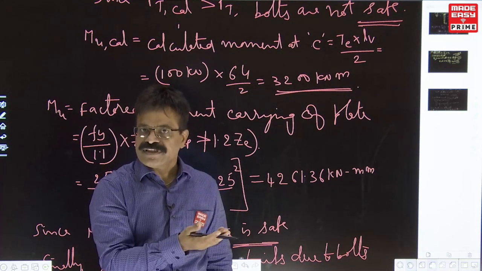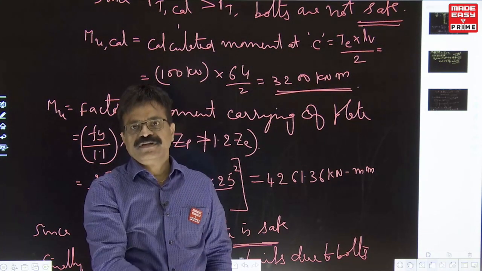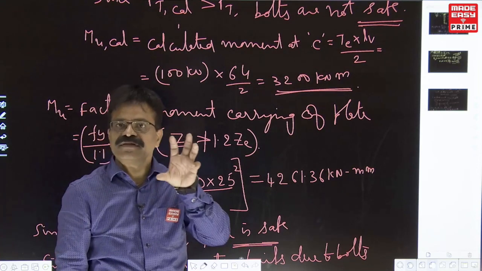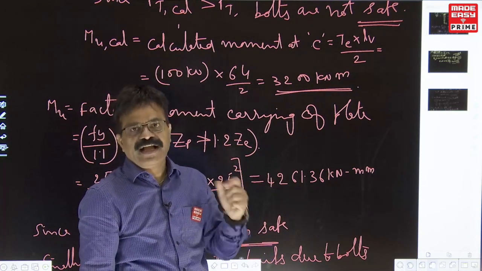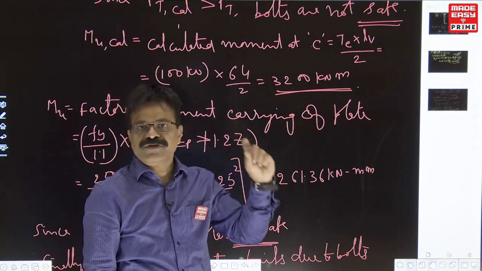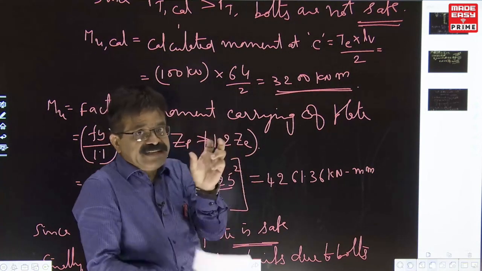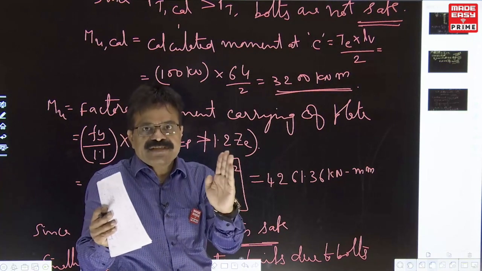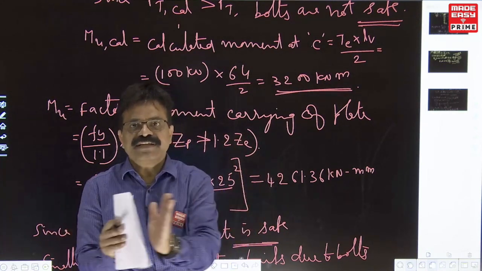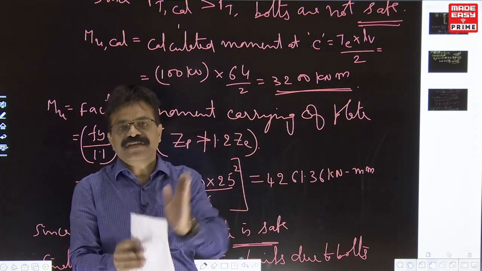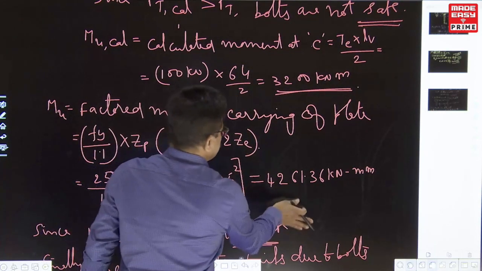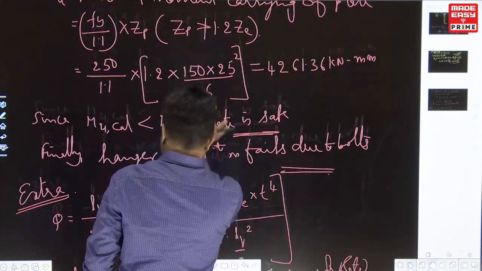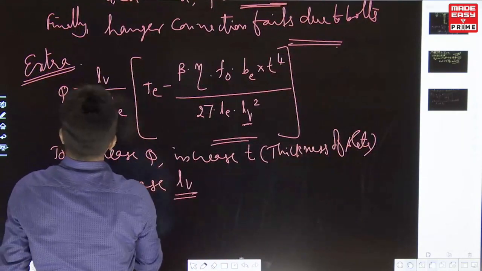Once prying force decreases, the bolt will be safe. So a 2 marks question is: what are the factors influencing the prying force? As the thickness increases, prying force decreases. As LV value increases, prying force increases. If LE or LV decrease, prying force decreases. These are the factors influencing the prying force.